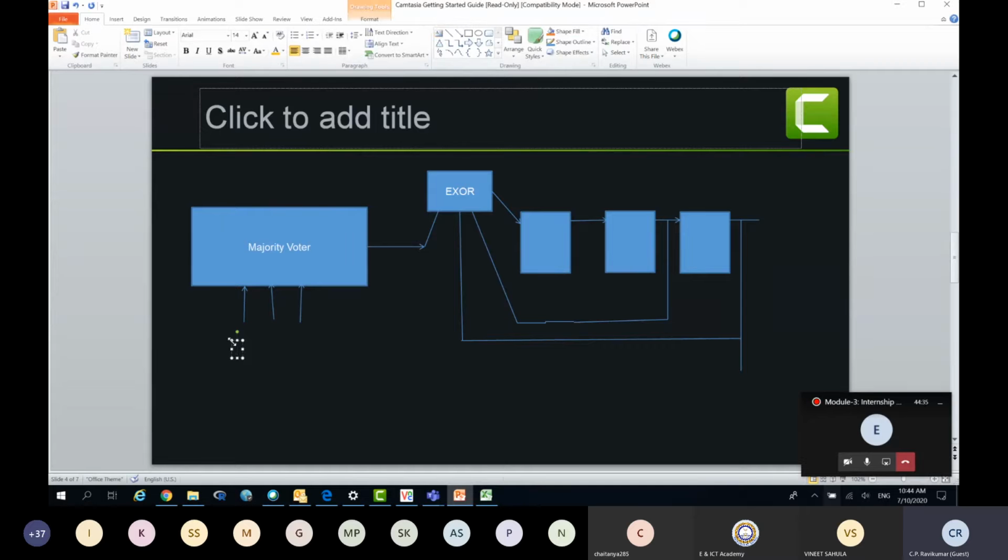Suppose I call this bit y2, this is y1, and this is y0. So what should this be?